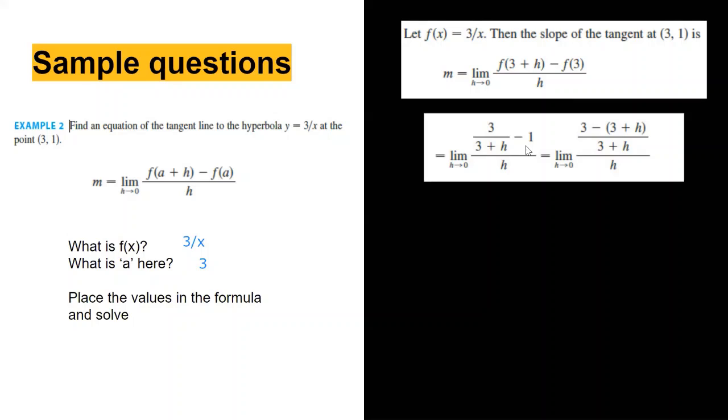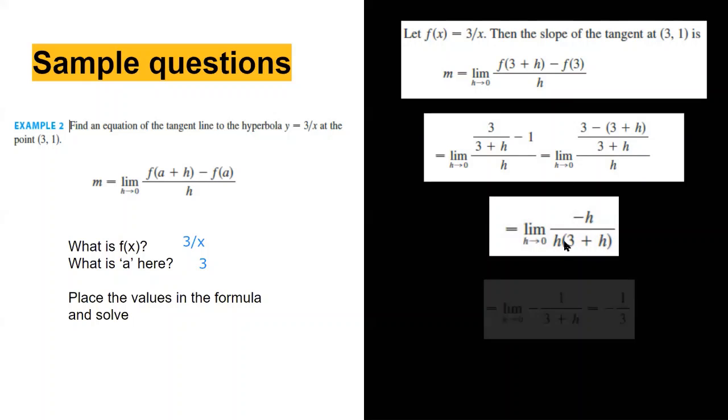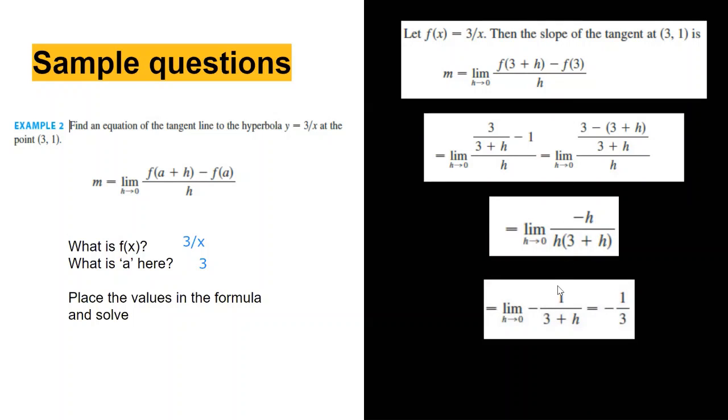Now, while it might seem that it doesn't lead to anything, carry out as much simplification as possible. In this case, the 3 and the 3 cancel out, and we end up with a negative h. The negative h and the h cancel out, and then we're left with negative 1 by 3 plus h, which becomes negative 1 by 3, which is also our answer.